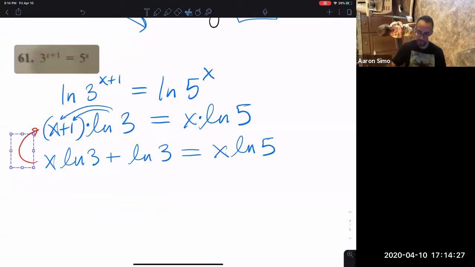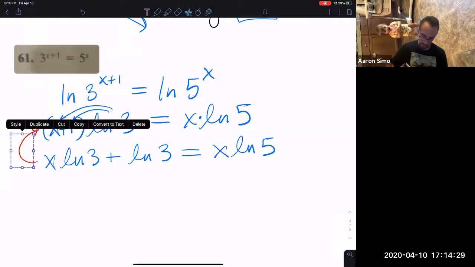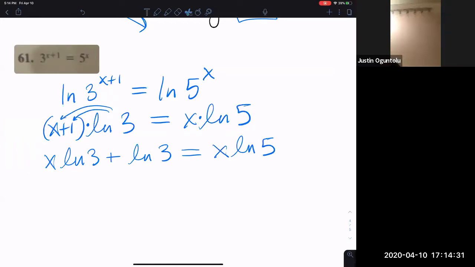That's true. So you don't want to factor out the ln of 3. Got it. x ln 3 plus ln 3 equals x ln 5.